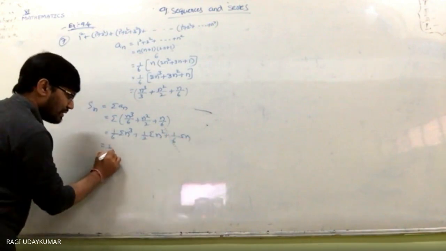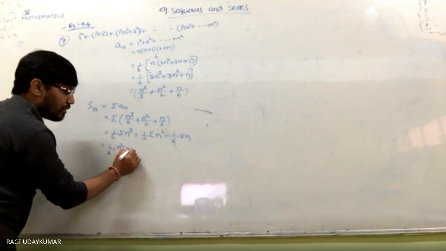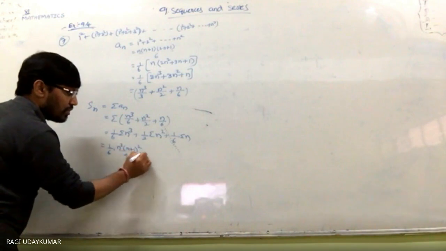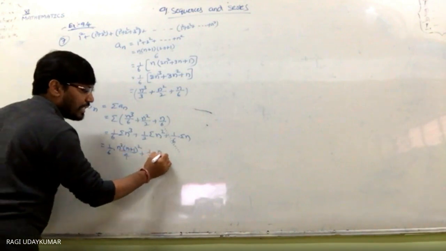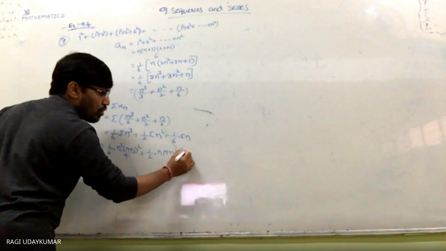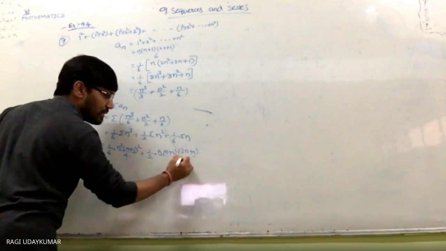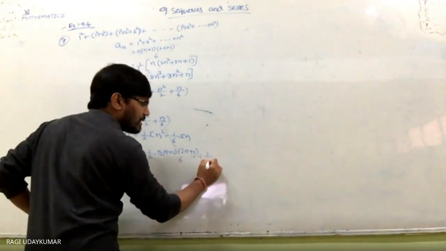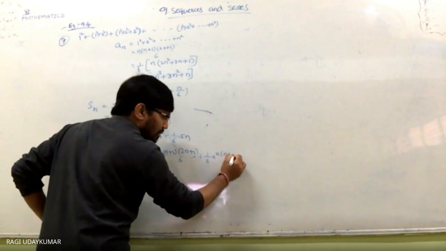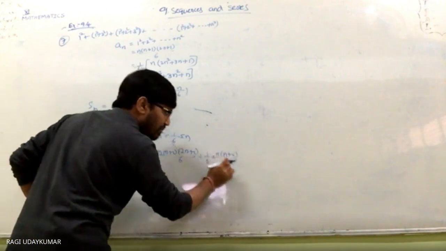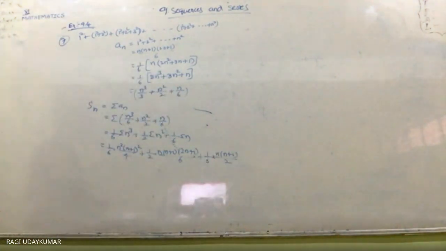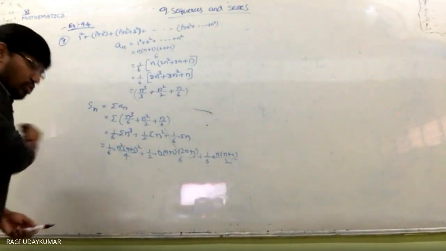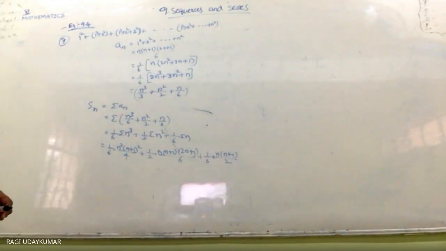So 1 by 3 of n square into n plus 1 whole square by 4, plus 1 by 2 of n into n plus 1 into 2n plus 1 by 6, plus 1 by 6 into n into n plus 1 by 2. So n into n plus 1 by 2 is present everywhere. Take that part common and simplify it. Just simplification only. Okay?